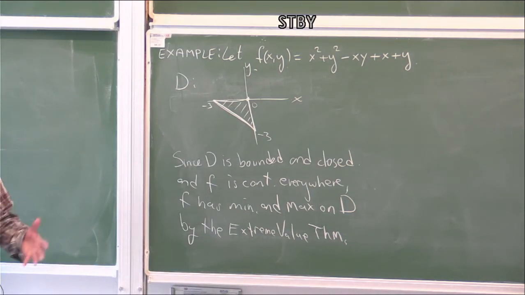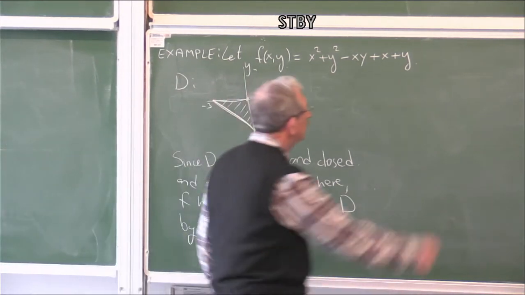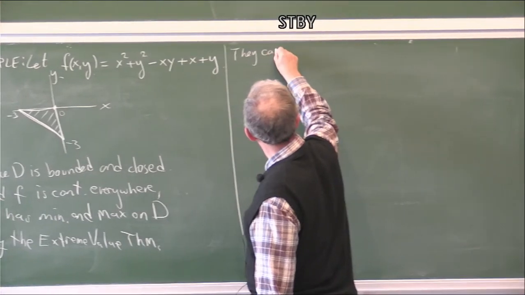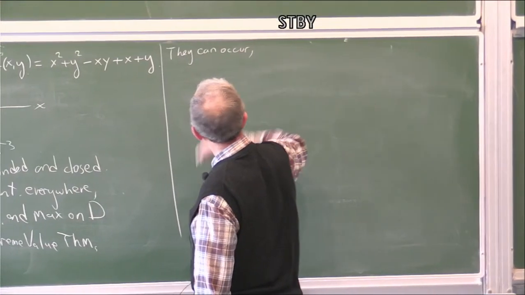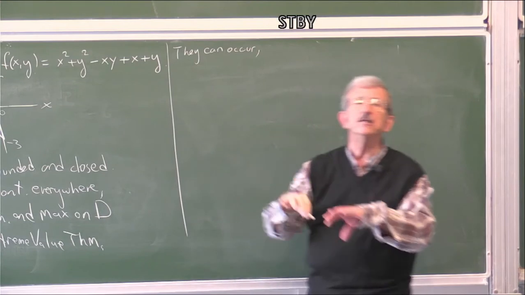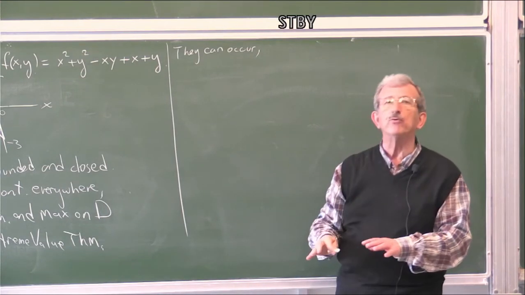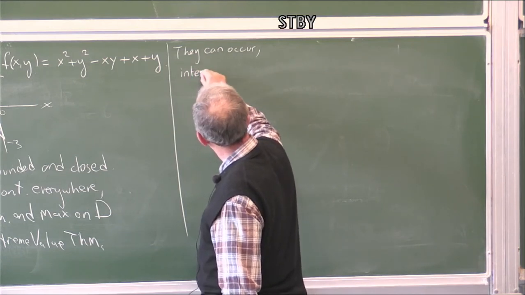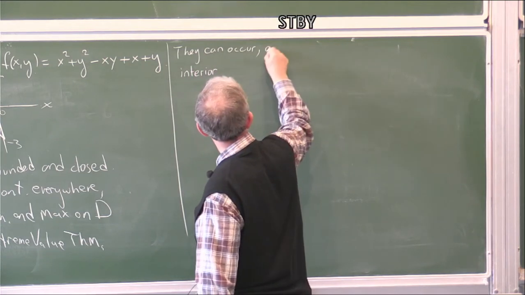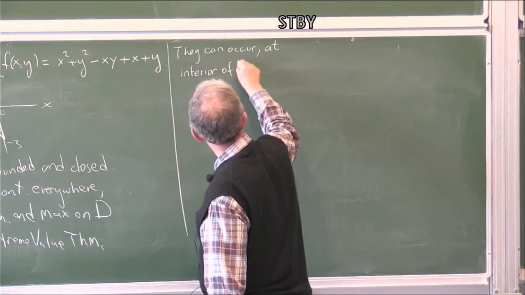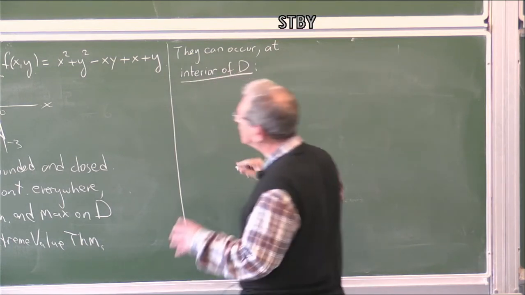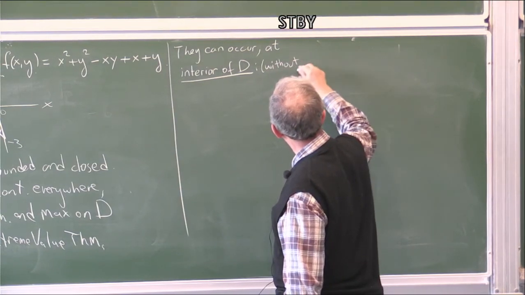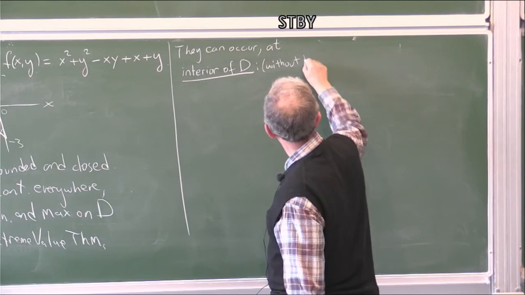Where do they occur? Well, they can occur first of all inside D, that is not on the boundary. So they can occur in the interior of D. This means, without boundaries.